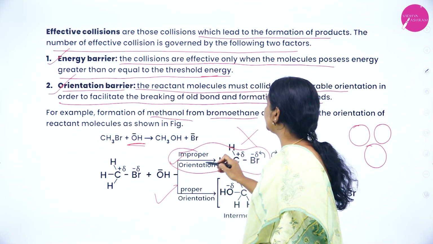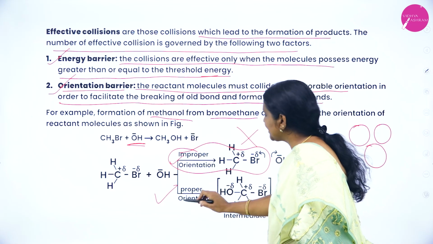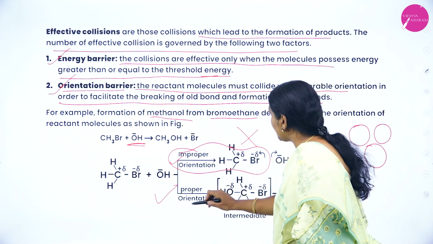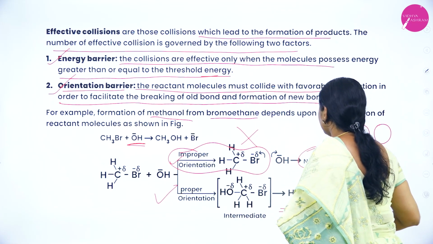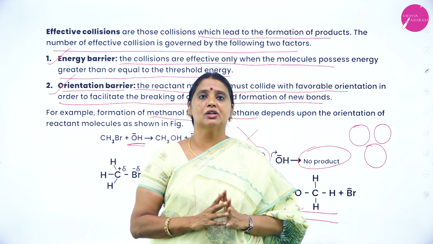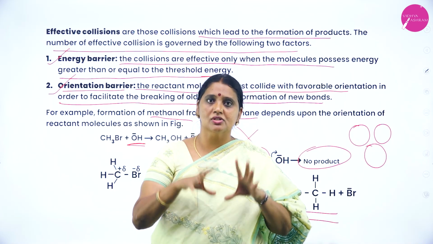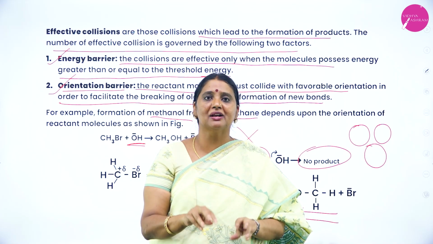In the first case, it is improper orientation, therefore there is no formation of product. In the second case, the molecules are properly oriented, therefore there is formation of product. Therefore, the two conditions for effective collision: first, the molecules are properly oriented.